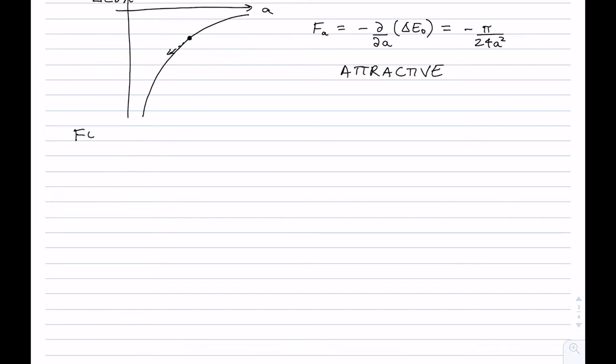If we go back to photons, which are massless, and we're in 3 dimensions plus time, then we'll get that the force per unit area of the plates is equal to minus 1.